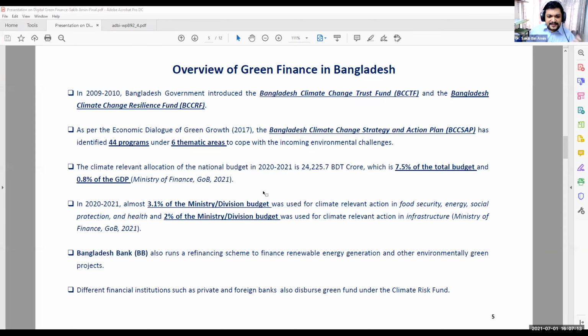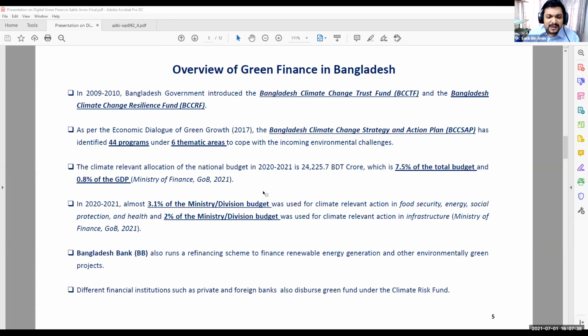If we look at the data, the climate relevant allocation is around 7.5% of the total budget, equivalent to almost 1% of GDP. So there is no doubt Bangladesh is fully aware of the importance of green finance.